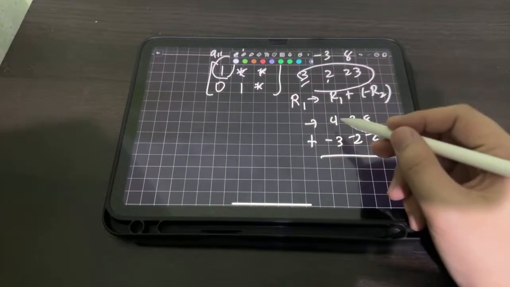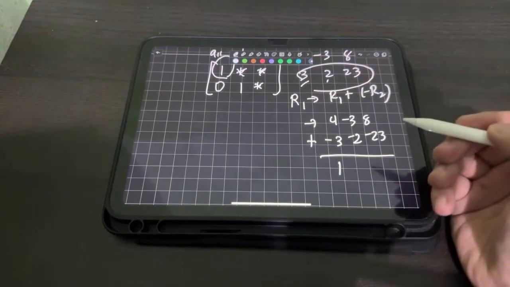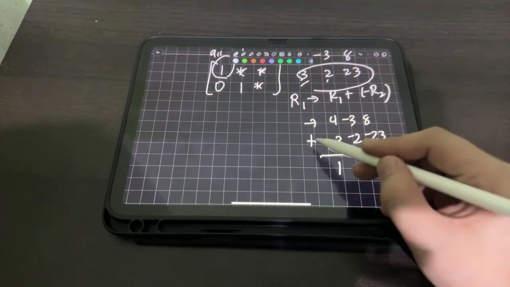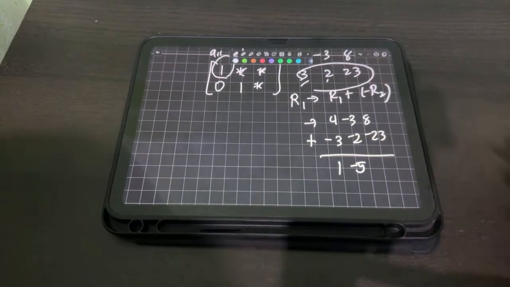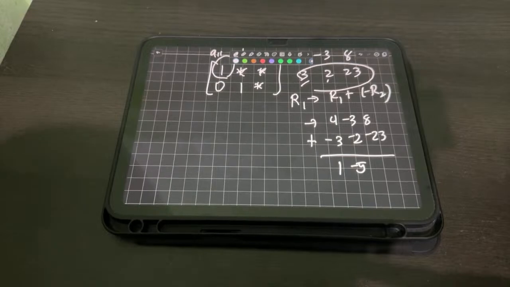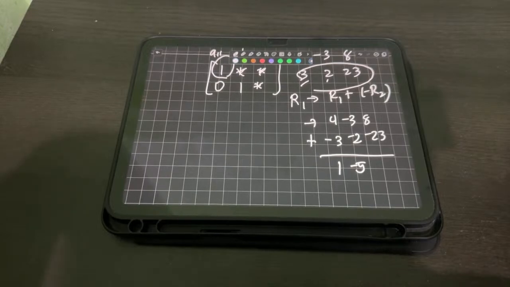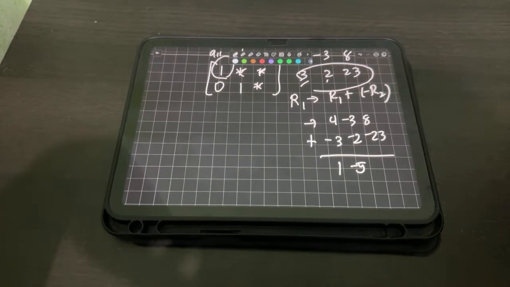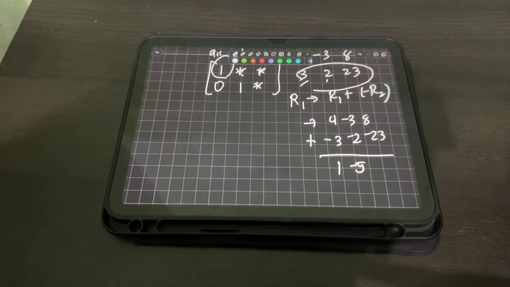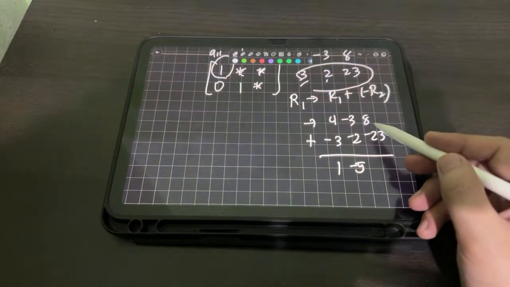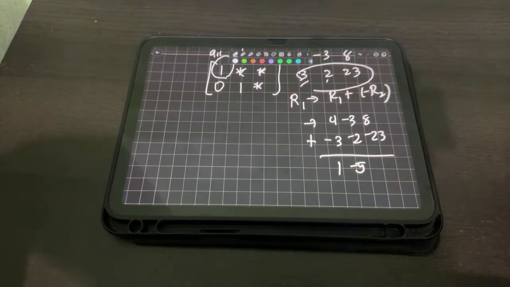So when we do this, 4 plus negative 3, that's 1. Negative 3 plus negative 2, that will be negative 5. And 8 plus negative 23, negative 11.